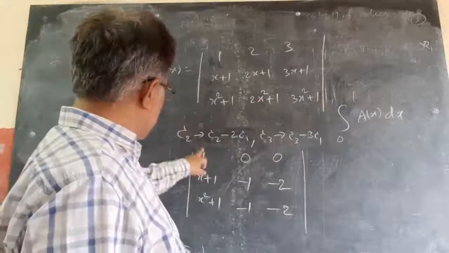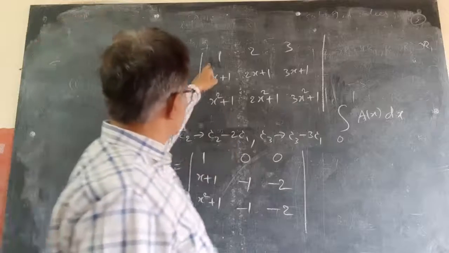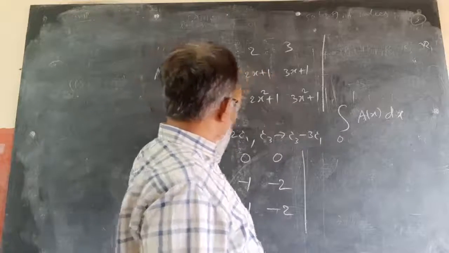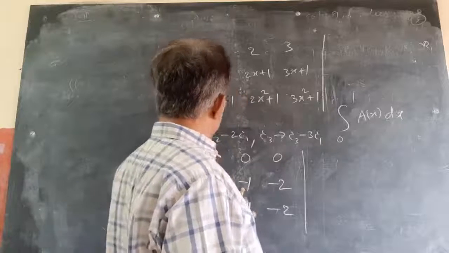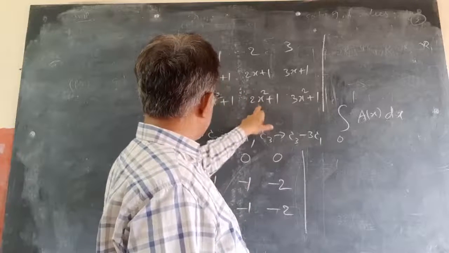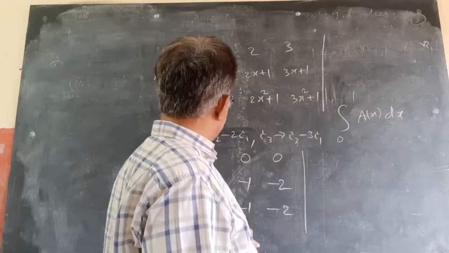Now this is C2 tends to C2 minus 2C1. 2 minus 2, 0. 2x plus 1 minus 2, minus 1. 2x square cancel. Plus 1 minus 2, minus 1.